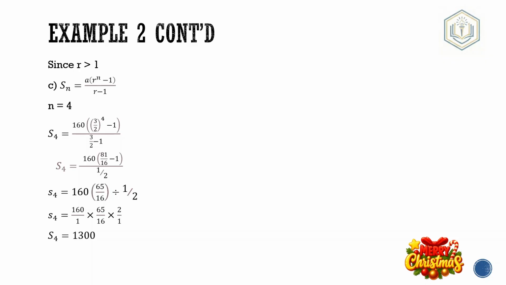So when you substitute the value of A, which is 160, and the value of R, which is 3 over 2, you're going to have the sum of the 4 terms to be 160 open bigger bracket 3 over 2 raised to power 4 minus 1 close the bigger bracket. So you're going to have 160 open bracket 81 divided by 16 minus 1 close the bracket.